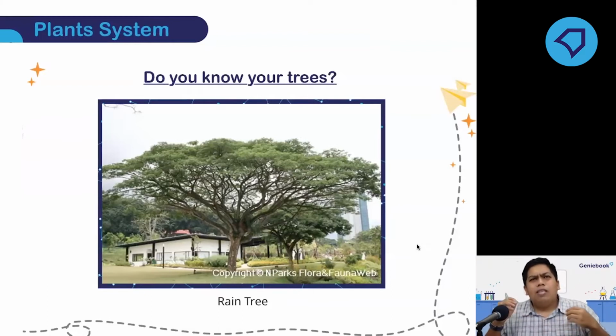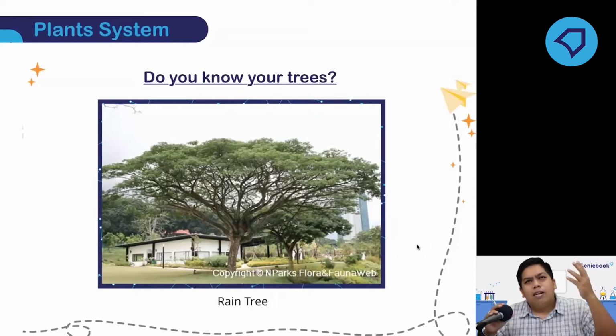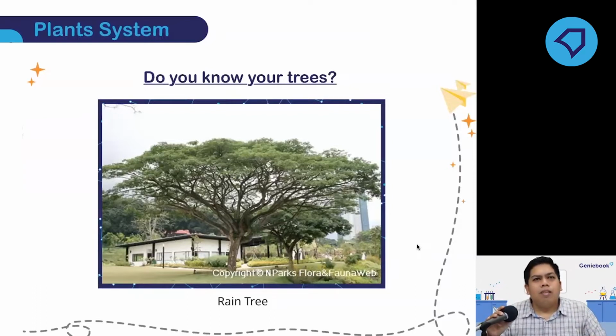On certain days, the leaves that are wilting or dying will fall like rain. So that's why it's called a rain tree, because it has quite a huge leaf cover on top. Like I say, take note of the picture and also of the name because of the quiz after this slide.